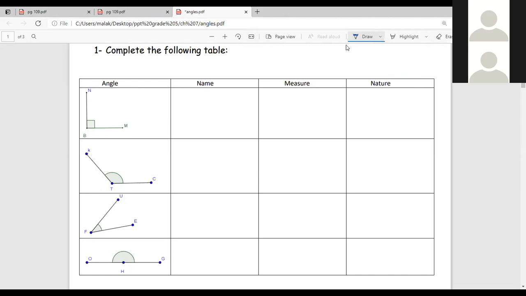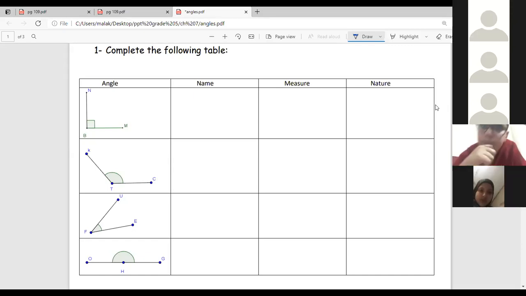We will start with Adam Al-Mahmoud. Adam, what is the name of this angle? The right angle. Name, I didn't say nature. You have to name it by using 3 letters. The name is NBM. MBN.